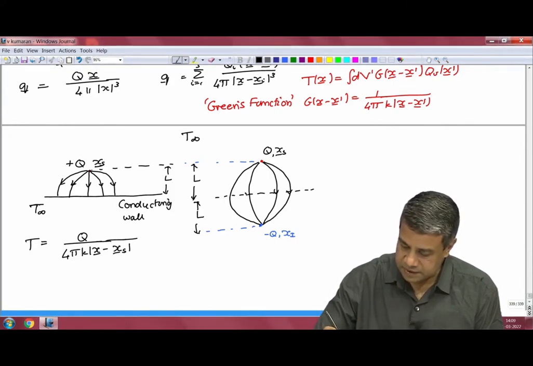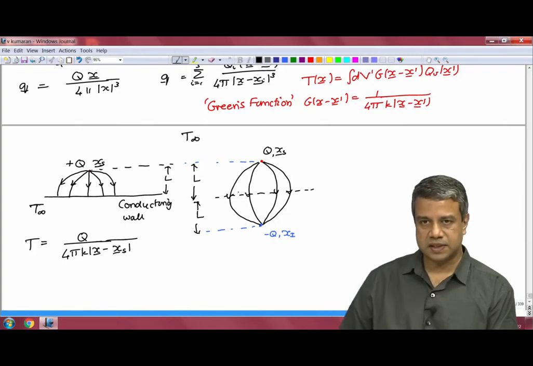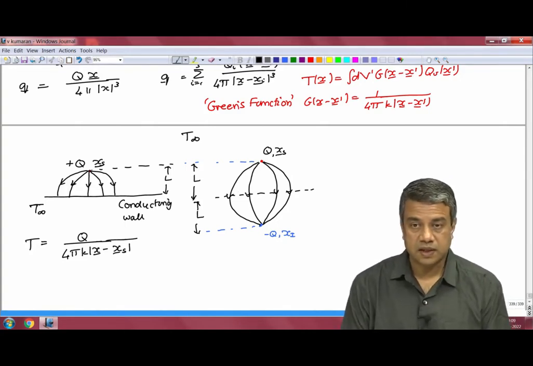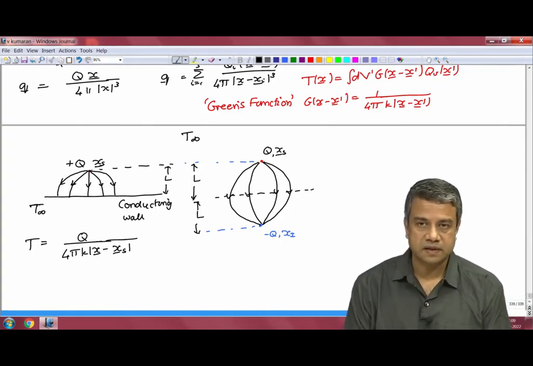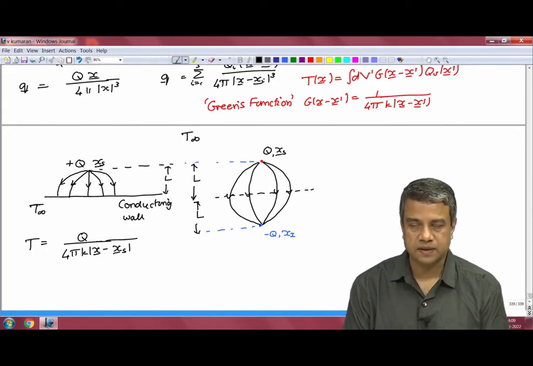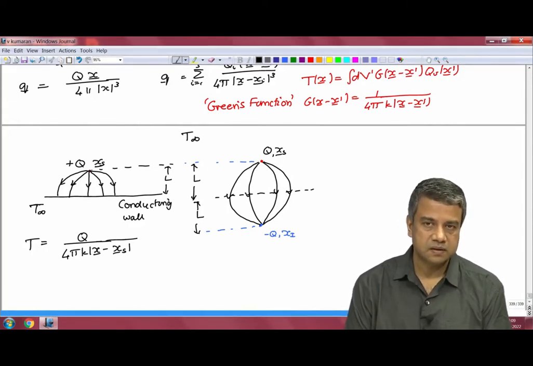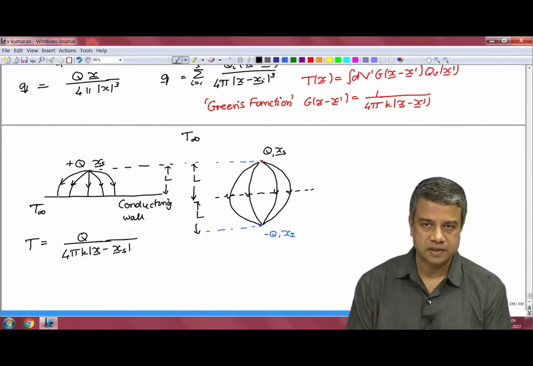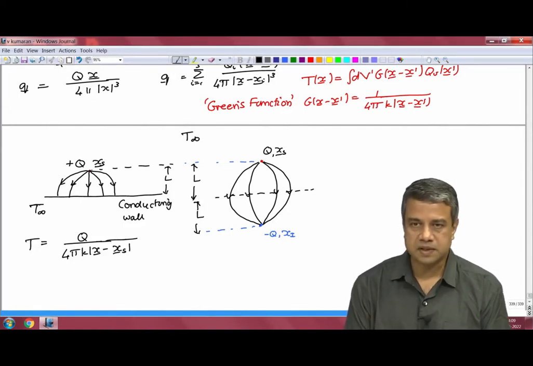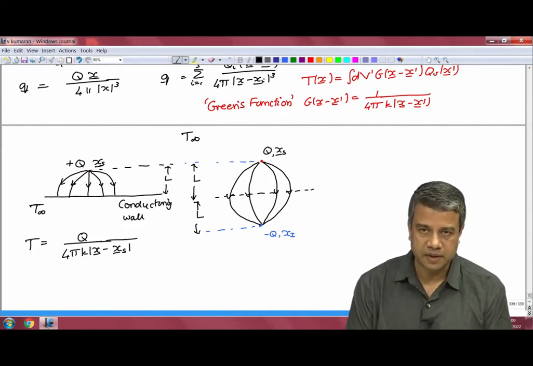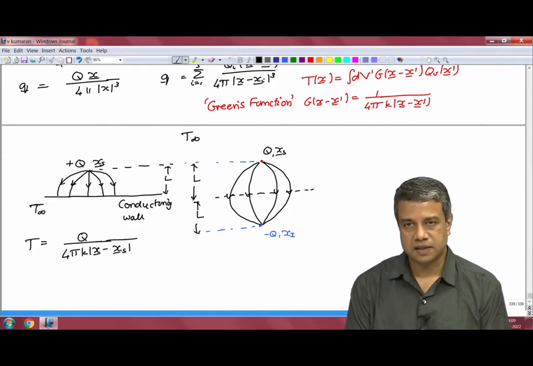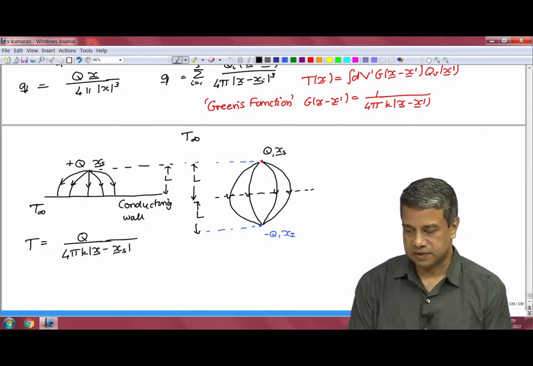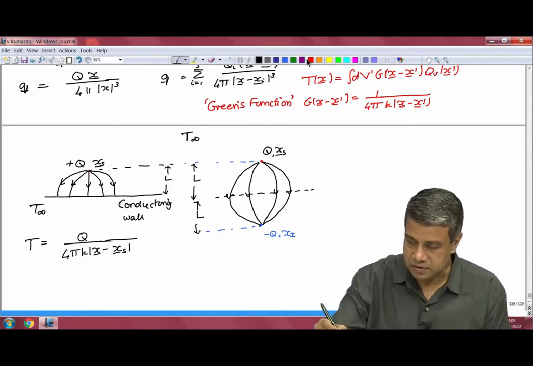And for these flux lines, you can show that at the surface itself the heat flux parallel to the surface is equal to 0. Heat flux parallel to the surface being 0 implies that the temperature gradient parallel to the surface is 0, and therefore, the temperature necessarily has to vary only perpendicular to the surface, and the flux lines have to be perpendicular to the surface. So, let us see how to show that.